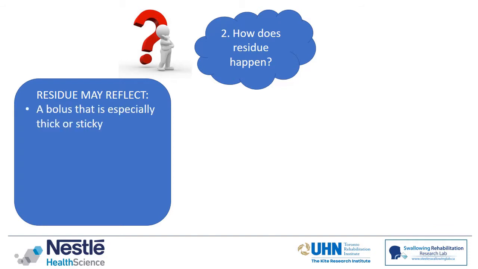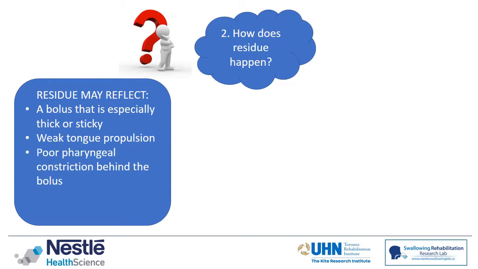First, work by Jackie Hind and colleagues suggests that boluses that are particularly thick or sticky are more likely to leave residue behind. Second, several studies point to tongue weakness as something that may contribute to poor bolus propulsion and residue. And importantly, these studies also suggest that improved residue may be an outcome of tongue strength training.